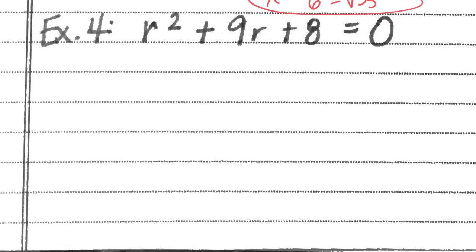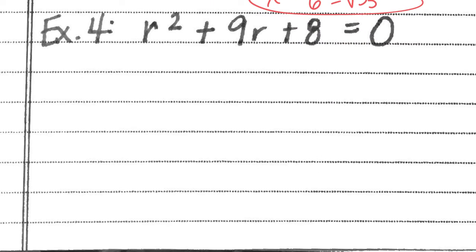And last but not least, let's look at example 4. There's no a term here, so I would probably just factor it. Are there factors of 8 that add up to be 9? There sure are. R plus 1, R plus 8 equals 0.